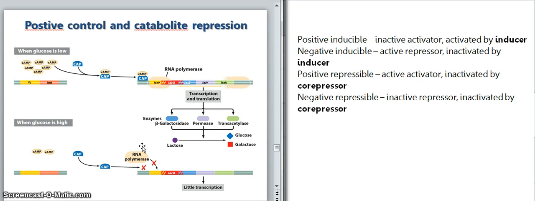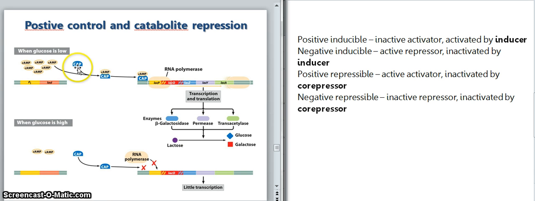This is because it has a repressor, but it also has an activator. This activator is called the CAP, or the catabolite activator protein. And so operons can be both negatively and positively controlled simultaneously.